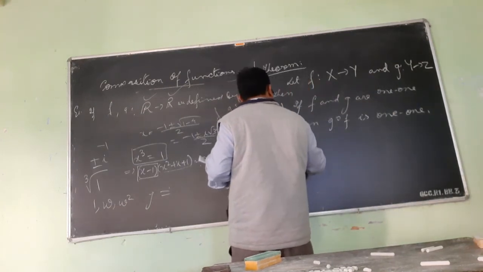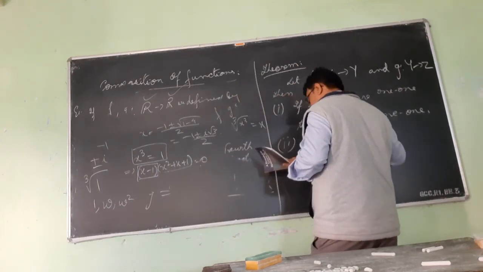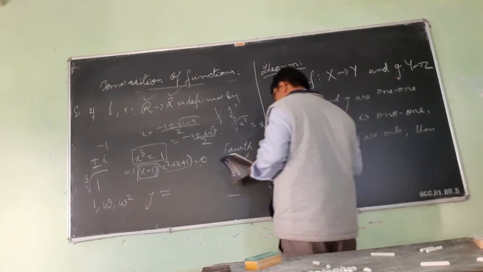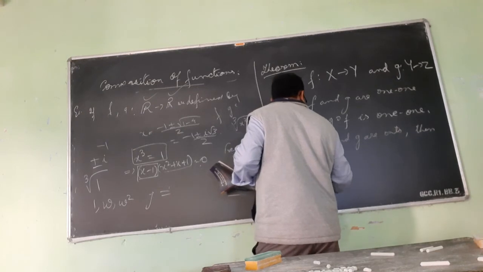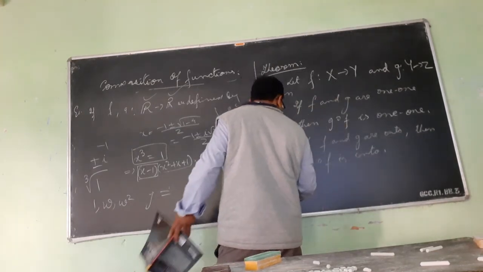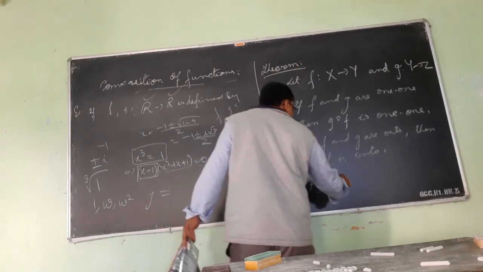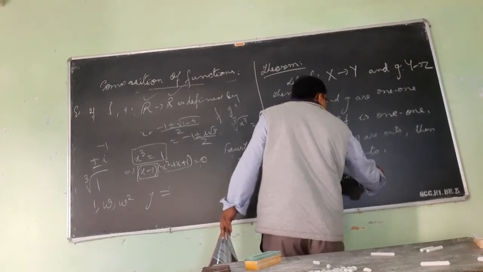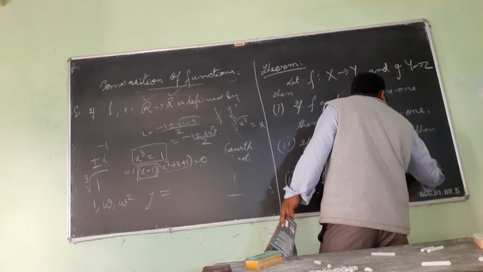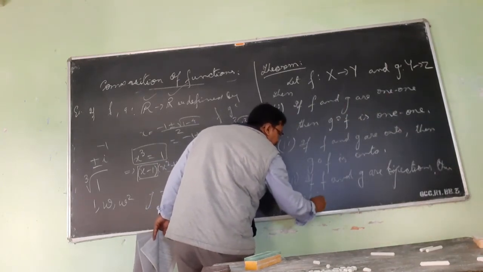Number 2, if f and g are onto, then g o f is onto. So from these two it will follow that if f and g are bijections, then g o f is a bijection.